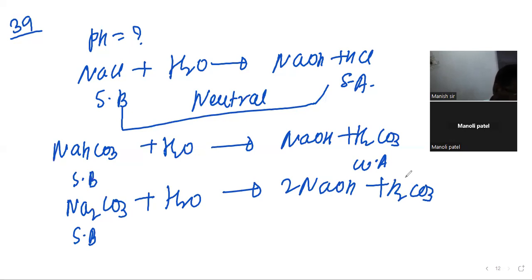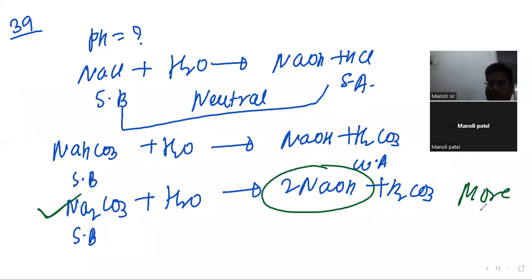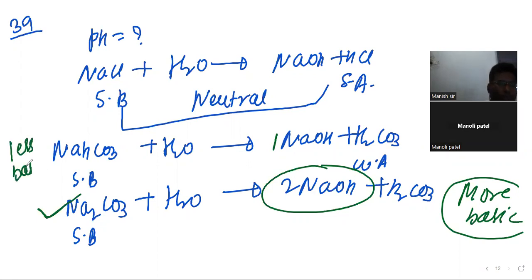From 1 mole, 2 moles of NaOH are formed. Thus the aqueous solution of this one is more basic, right? In this case, sodium carbonate produces 2 moles of NaOH, so this is more basic, while this produces 1 mole, so this will be less basic.